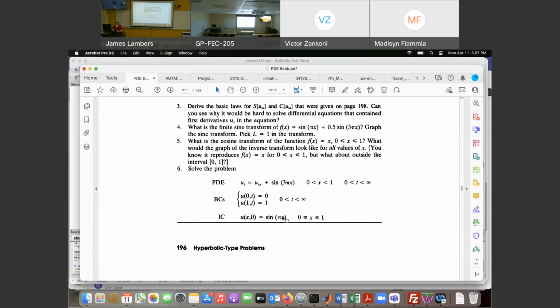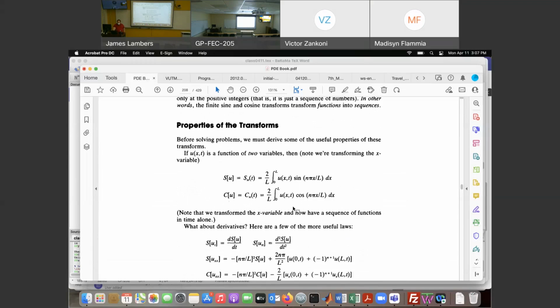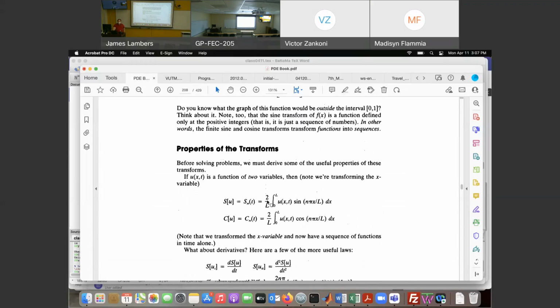So what you do is, when you're taking the finite sine transform, we go to the definition of that. Okay, you're using this. So in this case, the source term, that's what you're doing. You're taking the transform of the entire PDE.